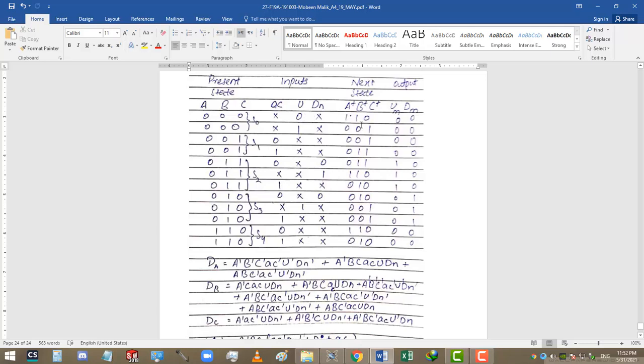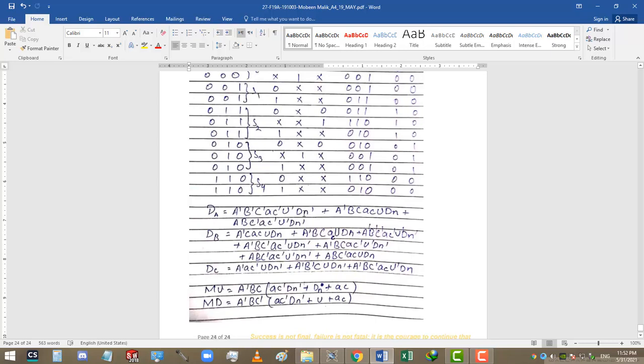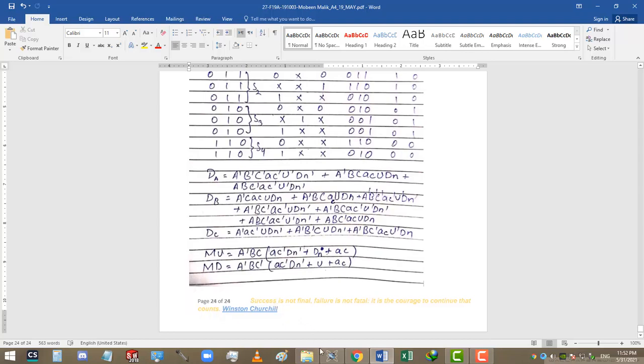The states are also defined, which means that the next state at a certain input is also told in the state diagram, and these are the outputs at which the motors will actually be running. So as you can see from here, these are the equations that I have derived.